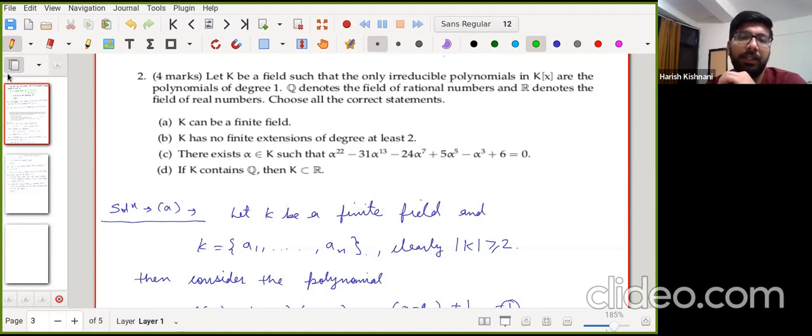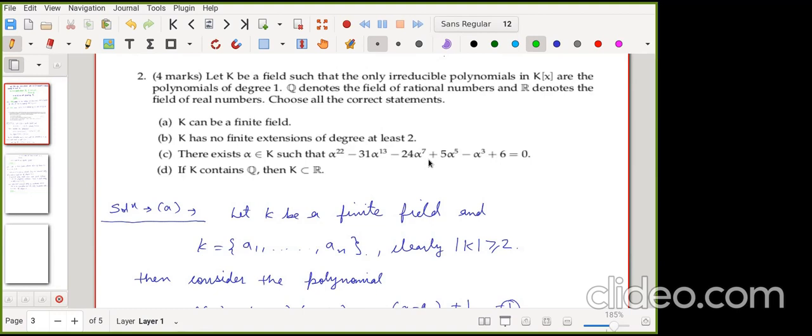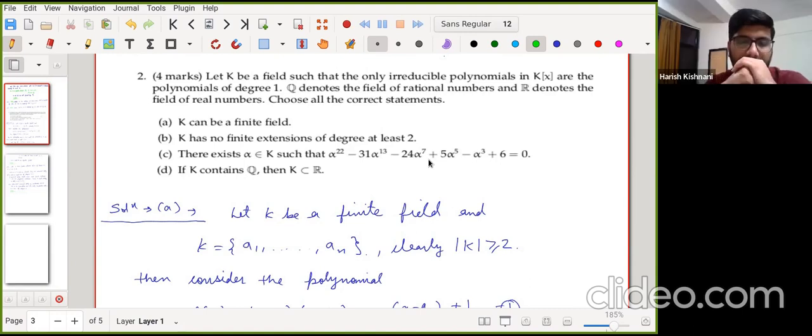It might happen that it's a product of two degree 11 irreducible polynomials, right? You are on the right track, but you need to say one more thing.